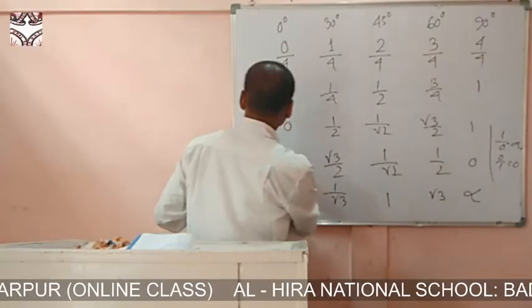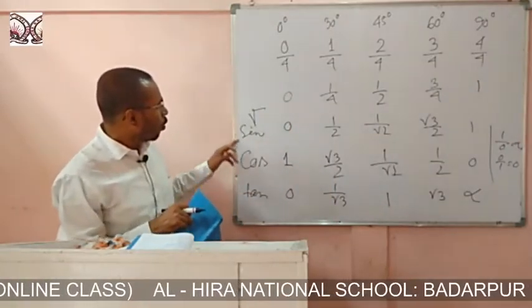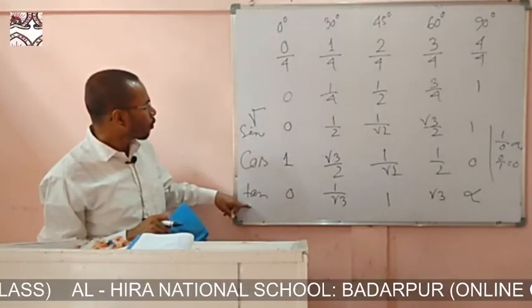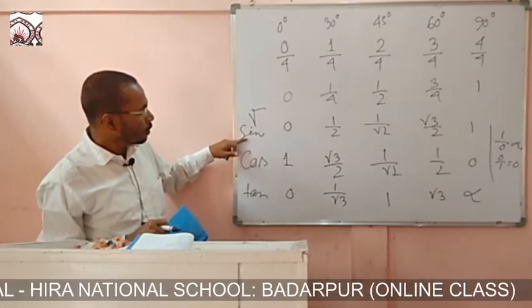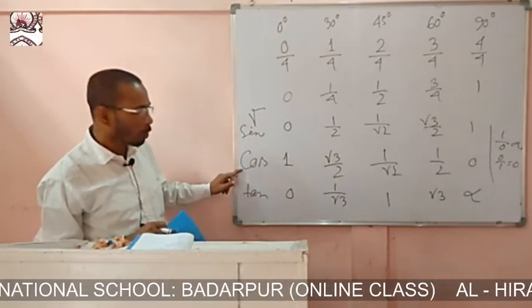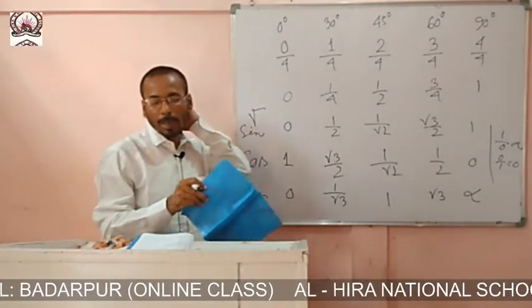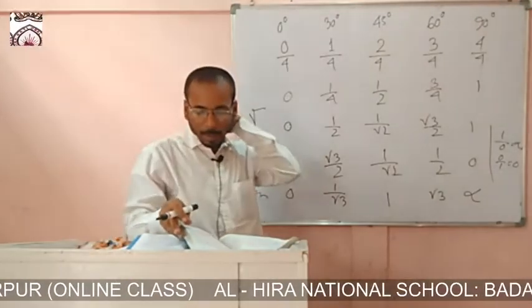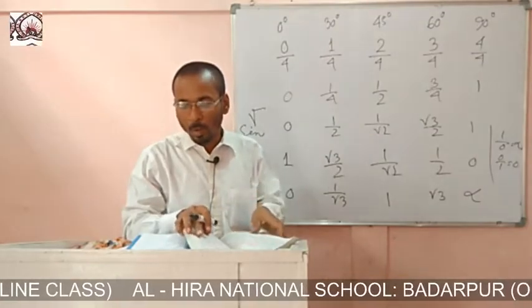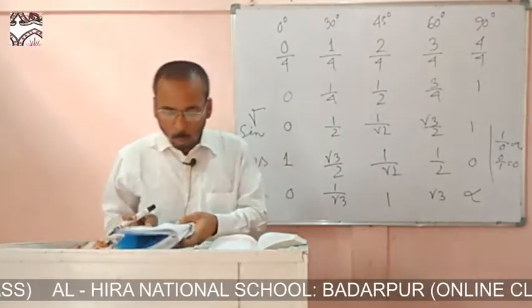Now cosec value will be the reverse of sine, sec value will be the reverse of cos, and cot value will be the reverse of tan. So like this you remember all the ratios, and by remembering this we can start question number 3.